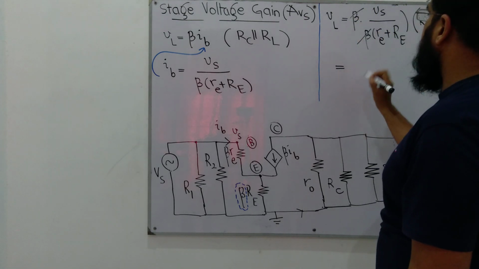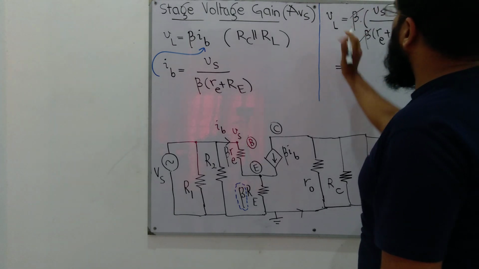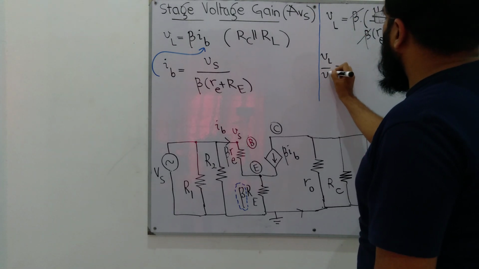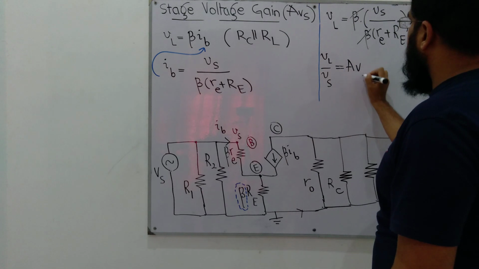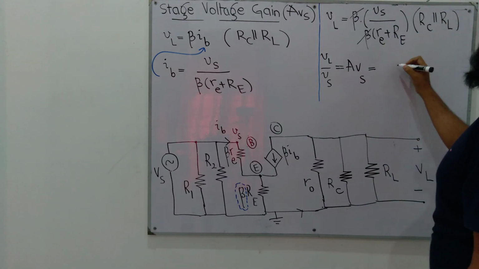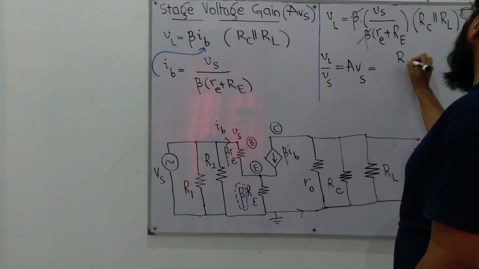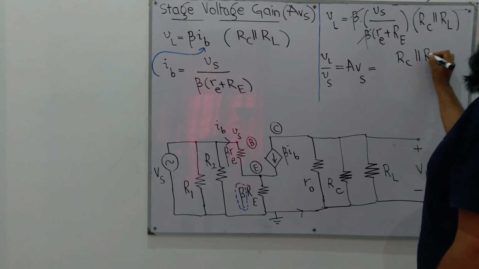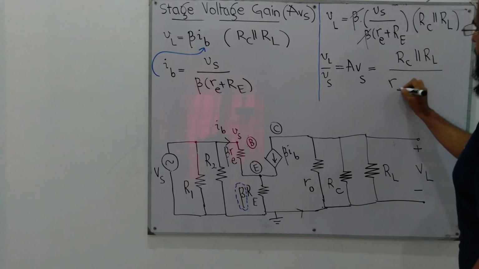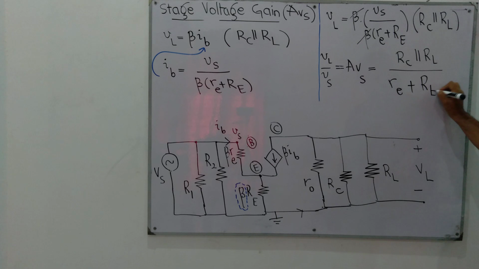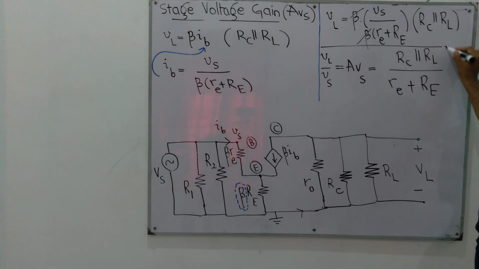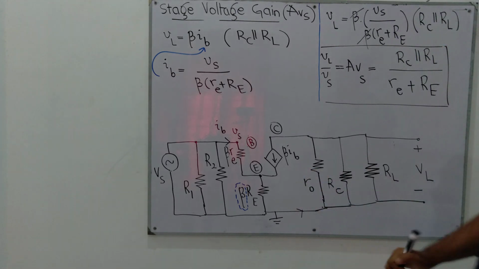This beta cancels with this beta, and if we take Vs on the other side, it becomes VL over Vs, which we also call AV stage, is Rc in parallel with Rl over Re plus this capital R. So this is an expression for stage voltage gain for this configuration where Re is not bypassed by a capacitor.